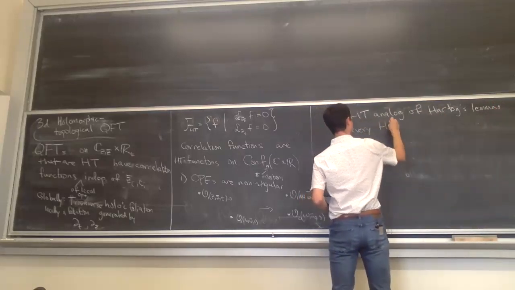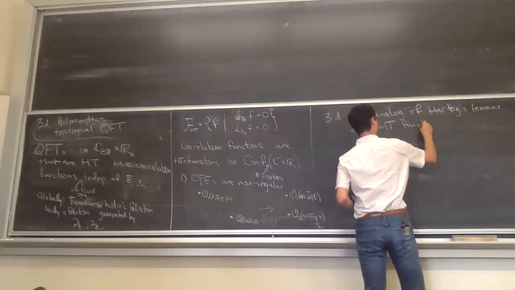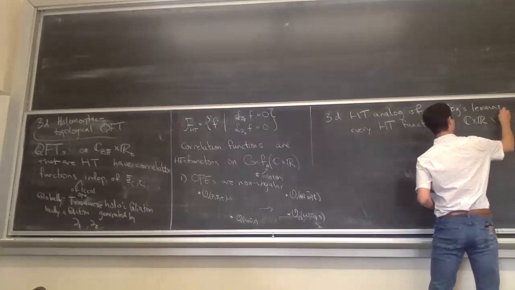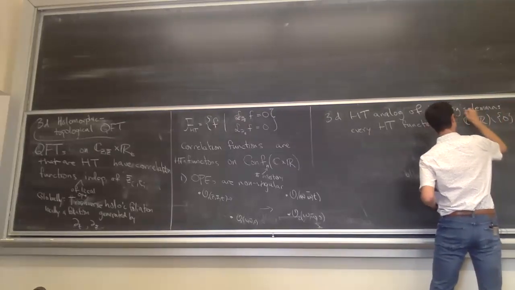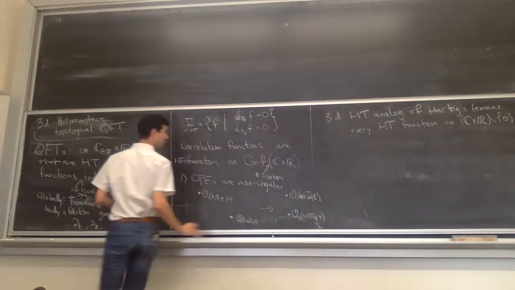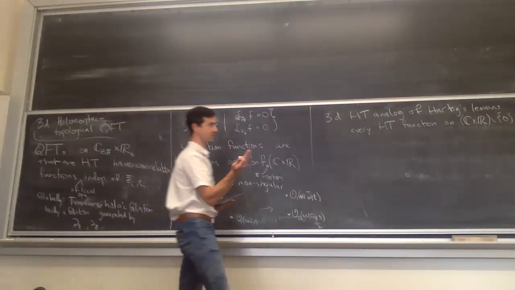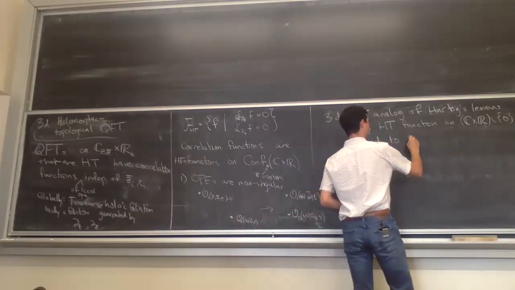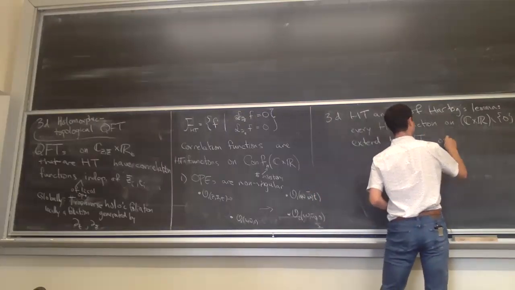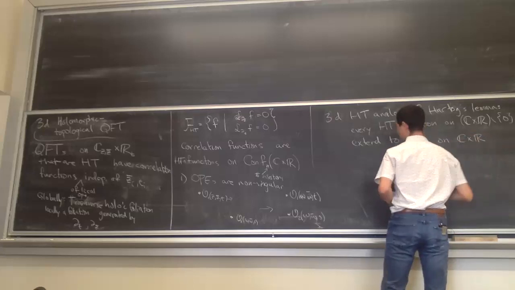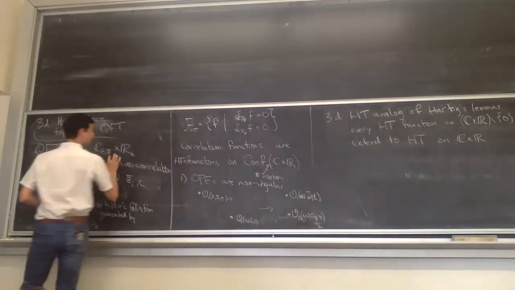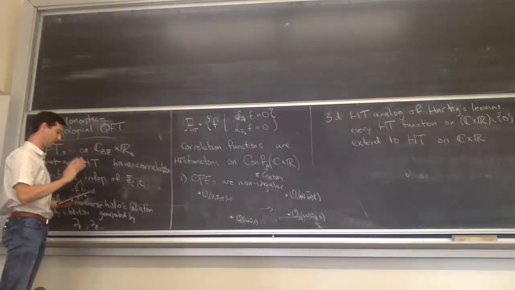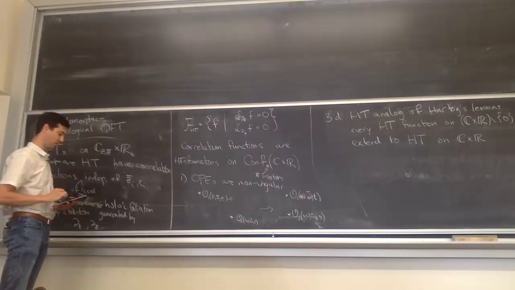Every holomorphic topological function on C times R minus a point, this is like 2-point correlation functions, if you will, where one of my operators is at 0, extends to a holomorphic topological function on C times R. And of course, on C times R, holomorphic topological functions are just holomorphic functions on C.